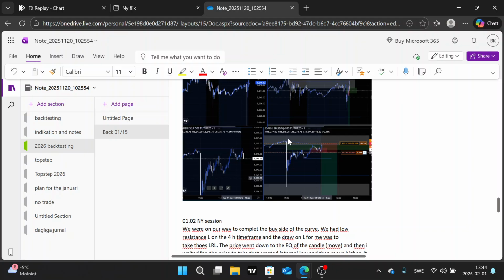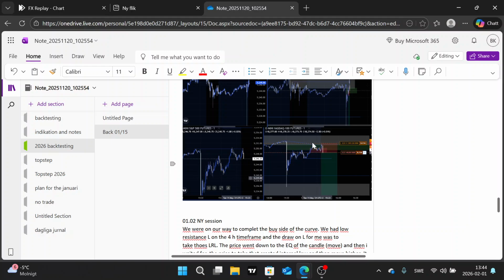We actually took this high on ES, but still I had the wrong bias, because once we are on our way to complete the buy side of the curve, we take a sell side.